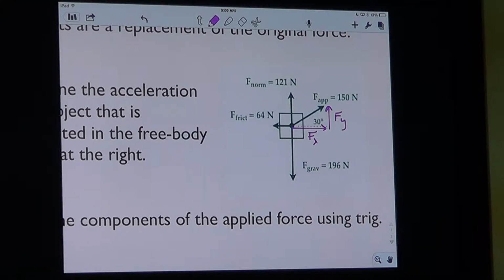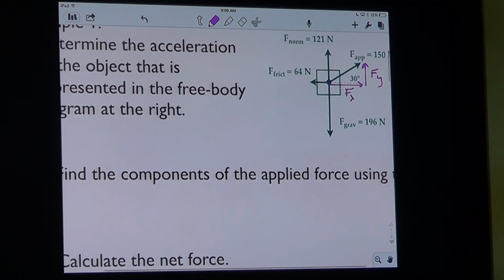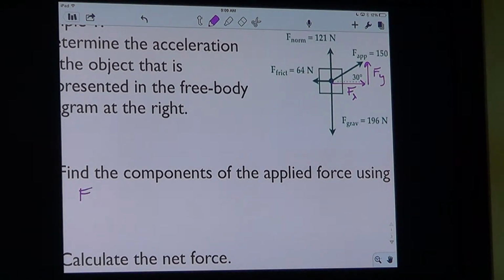So how would I calculate those? Right, so the sine of 30 would be Fy over 150, so Fy would equal 150 times the sine of 30, and the Fx would equal 150 times the cosine.